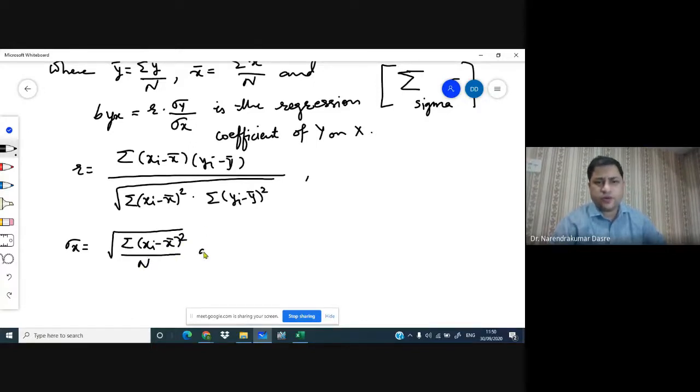So n is also in the square root. And what is sigma y?